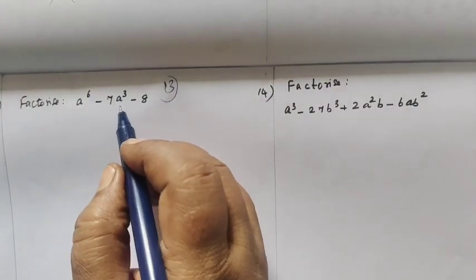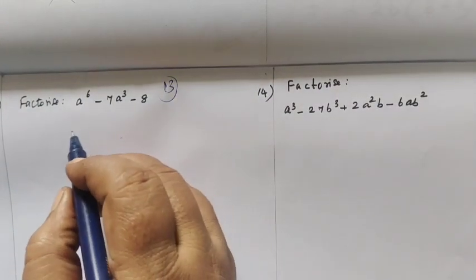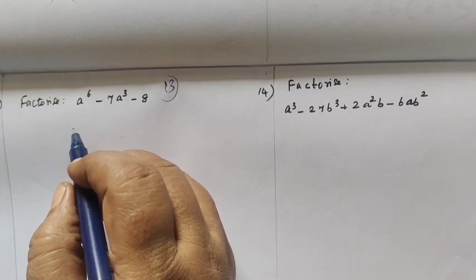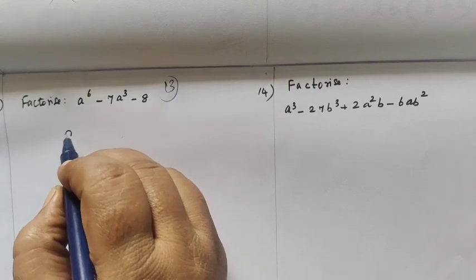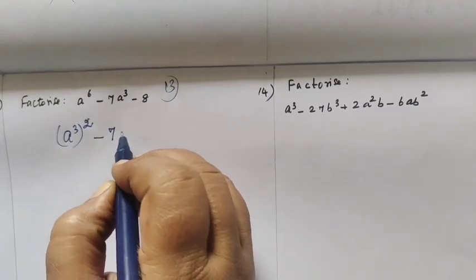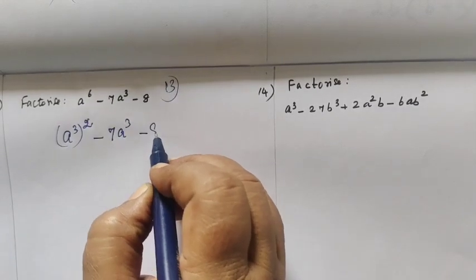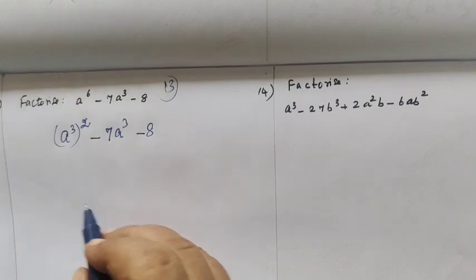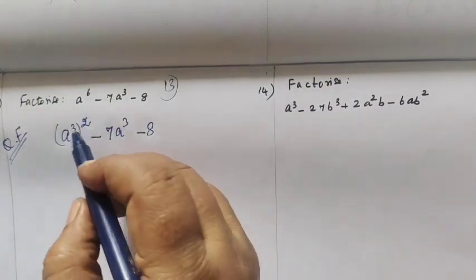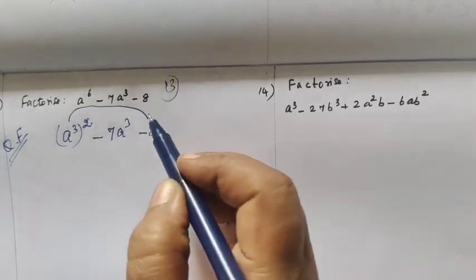a power 6 minus 7a power 3 minus 8. You can write this in quadratic form: a cube whole squared minus 7a cube minus 8. So this is in quadratic form, and we can factorize like this, isn't it?